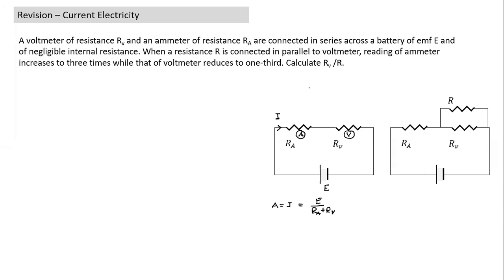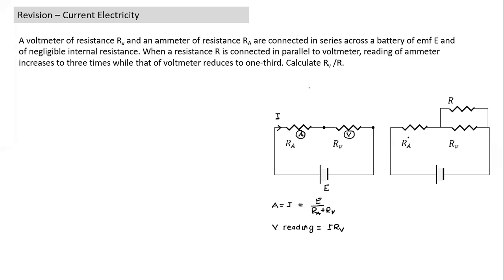Now the question is, what is the voltmeter reading? A voltmeter reading always shows the potential difference across the ends it is connected to. So the potential difference across the two ends of the voltmeter is I into RB. That's the reading of the voltmeter.